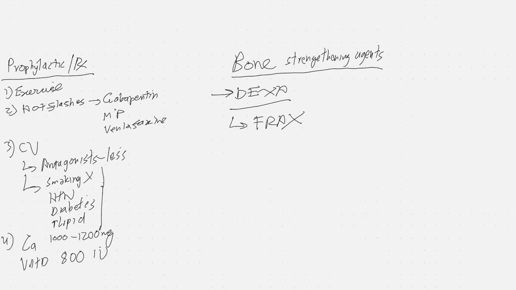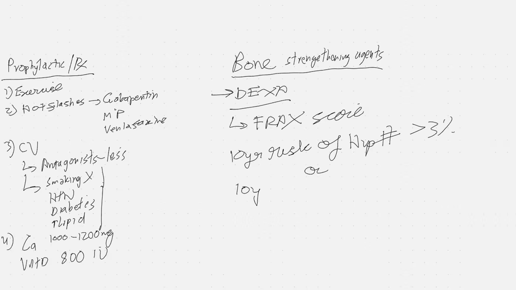It is the WHO fracture risk assessment tool. Okay. So it can be calculated online. And we look at the 10-year risk of hip fracture. Okay. So if the 10-year risk of hip fracture is greater than 3%, or if the 10-year risk of any major fracture is greater than or equal to 20%, there we prefer to inject either a bisphosphonate or denosumab, right?